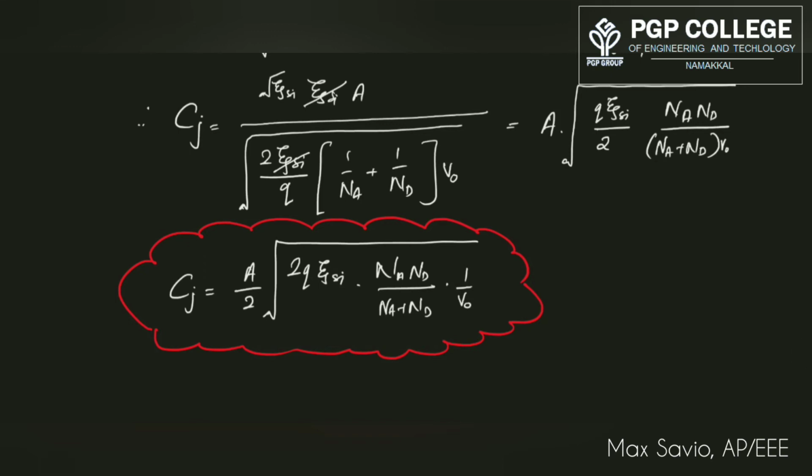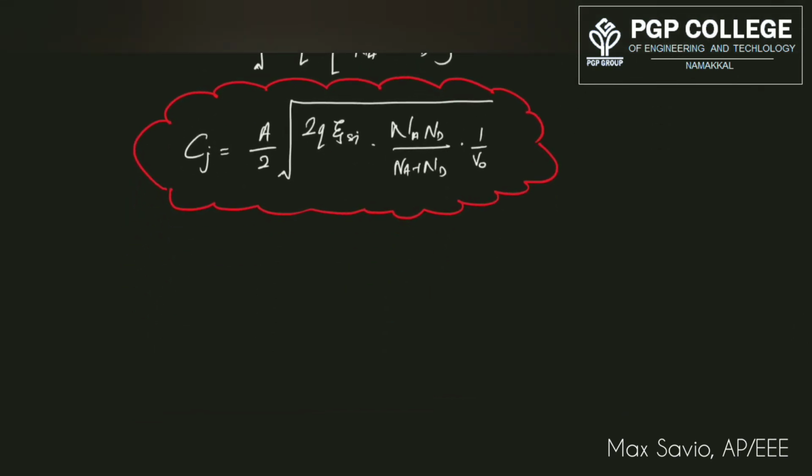So further, on the transition capacitance, again we can directly write it. The first one, I told you, is the equilibrium capacitance. Now the transition capacitance can be easily given by this value.